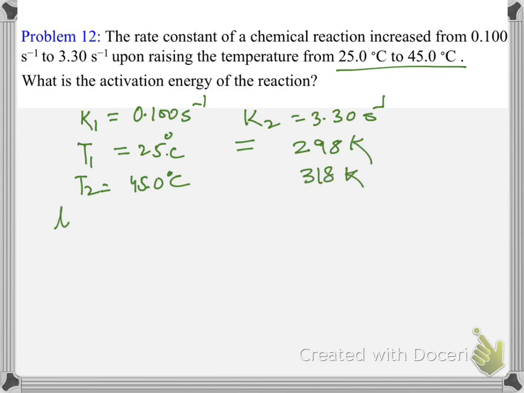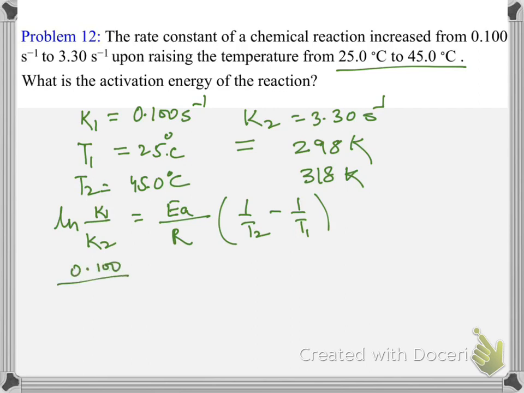So you can use the formula ln K1 over K2 equals EA over R times 1 over T2 minus 1 over T1. Plug in the values: ln of 0.100 over 3.30 equals EA over 8.314 times 1 over 318 minus 1 over 298.